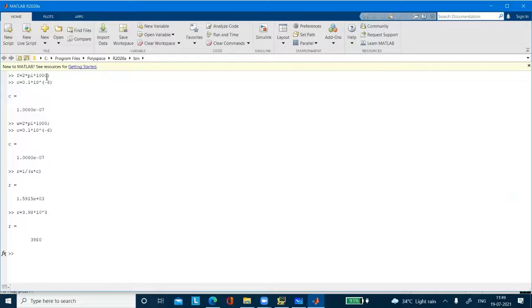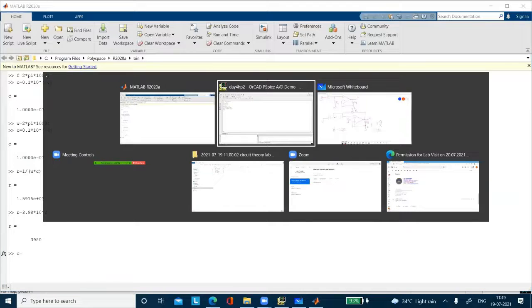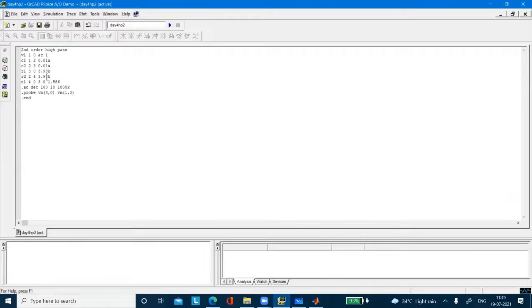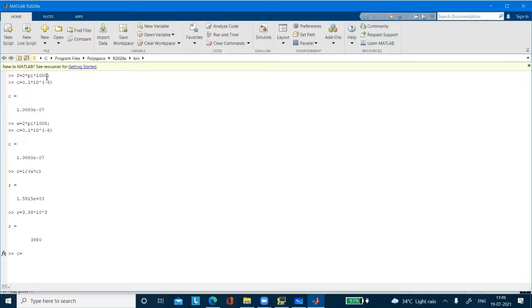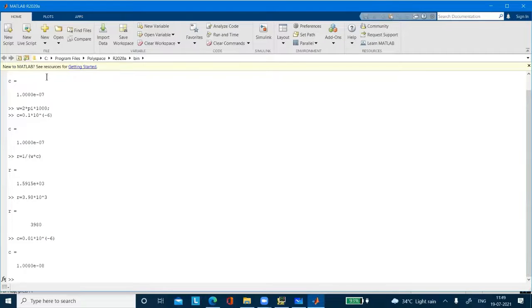All right, what is the value of C I took? C equal to 0.01 microfarad, 10 to the power minus 6. This is C. So what will be the value of omega?